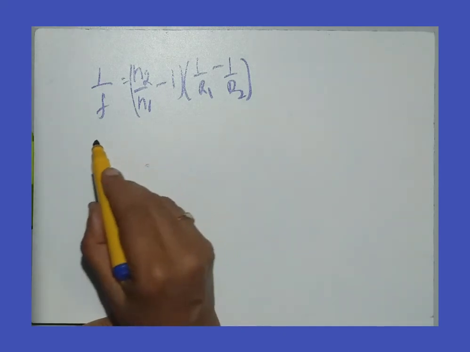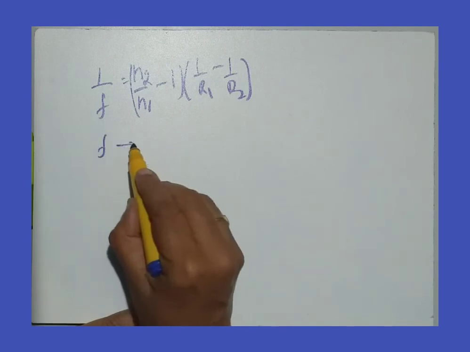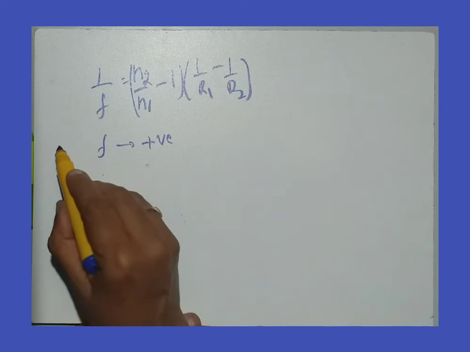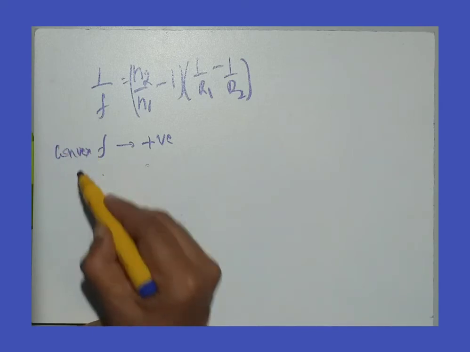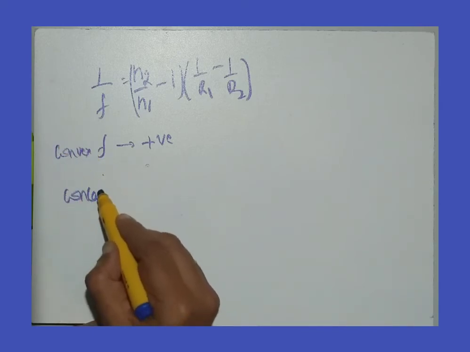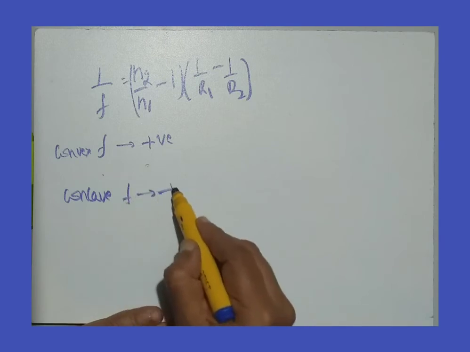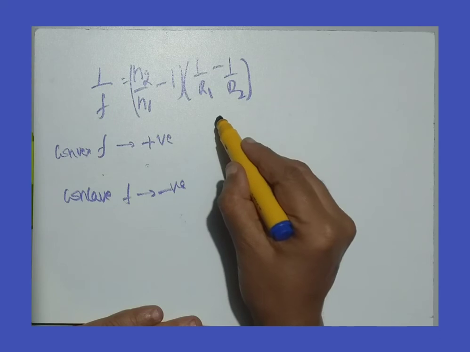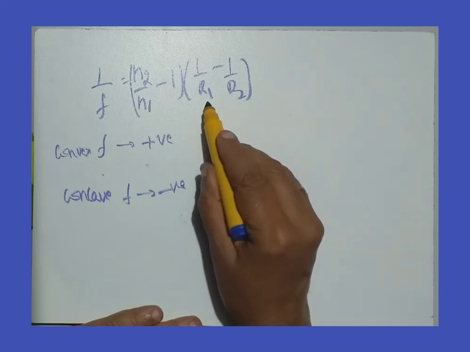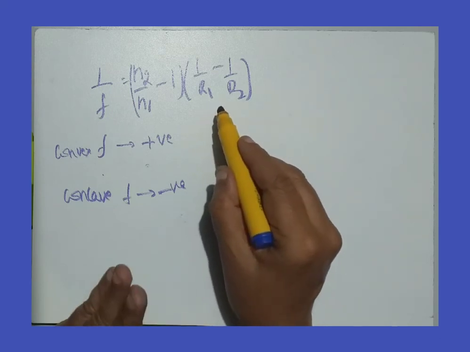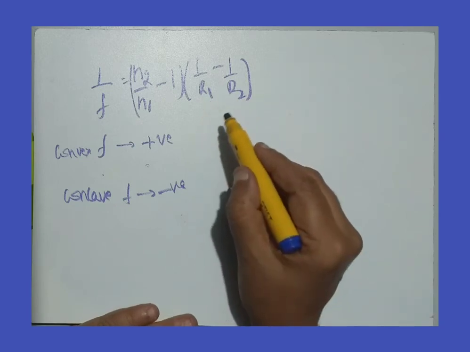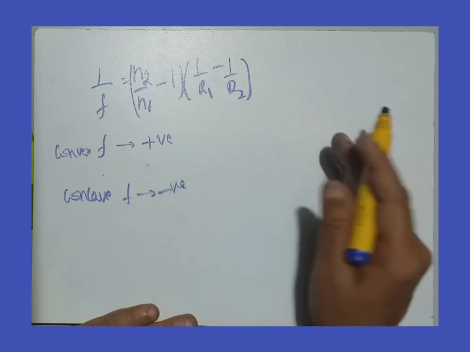But we know for a convex lens, the focal length is positive, and for a concave lens, the focal length is negative. And we must remember that R1 is the radius of curvature of the first face from the left side. It is positive because it is towards the right.